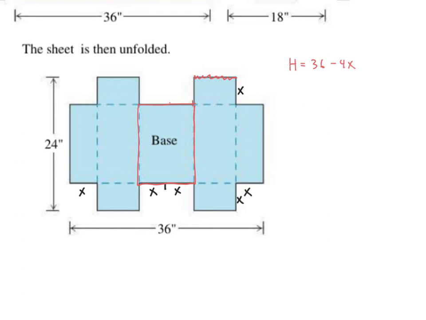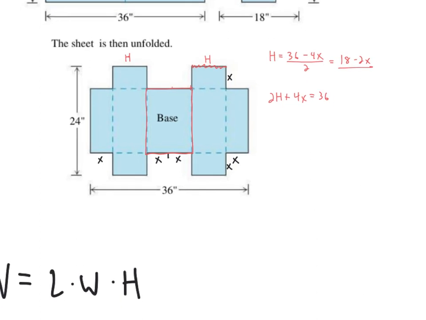That'll give you the sum of these two, and since they're both the same, divide by 2 to get one of them. Another way to do it is call each of these lengths h and set up a little equation: 2h plus 4x equals 36, and then solve that for h, and you get the same thing.